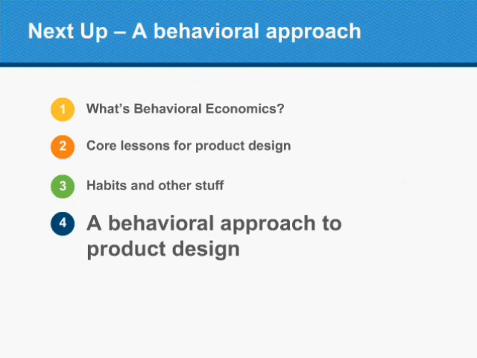How we can apply similar approaches to see the distinct and particular user behavior for a given set of users and a given product. Before I do that, let me just stop for a second and see what comments people have.